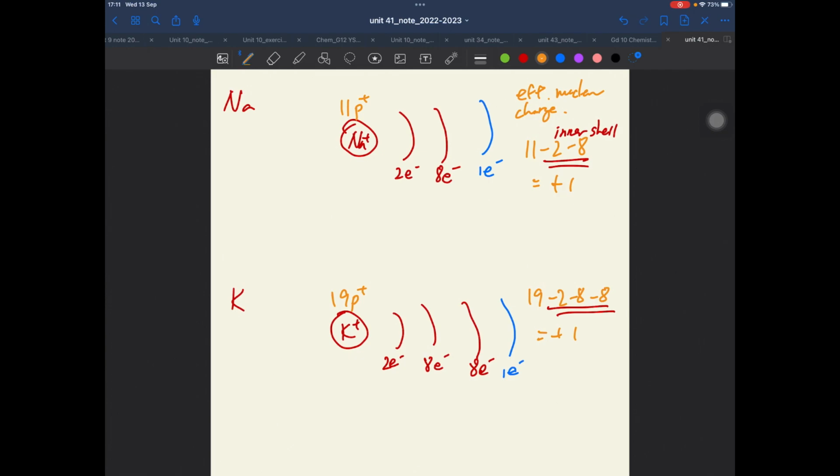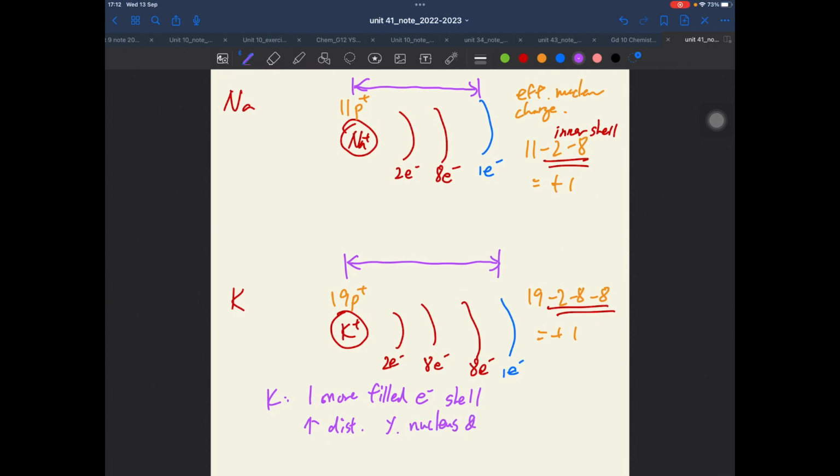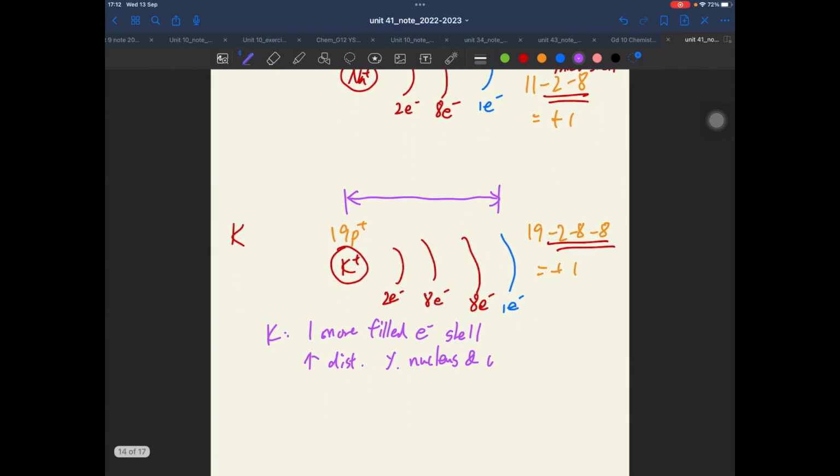But don't forget, their distances are different. Potassium has 1 more filled electron shell, which increases the distance between the nucleus and the outermost shell electron. So you can expect the same attractive force, but potassium has a longer distance. Of course, longer distance means weaker force, right?